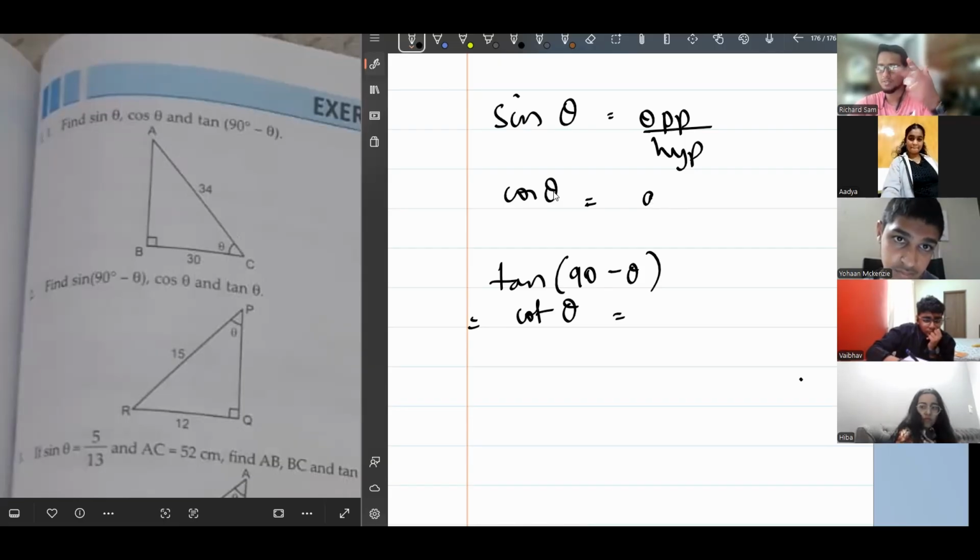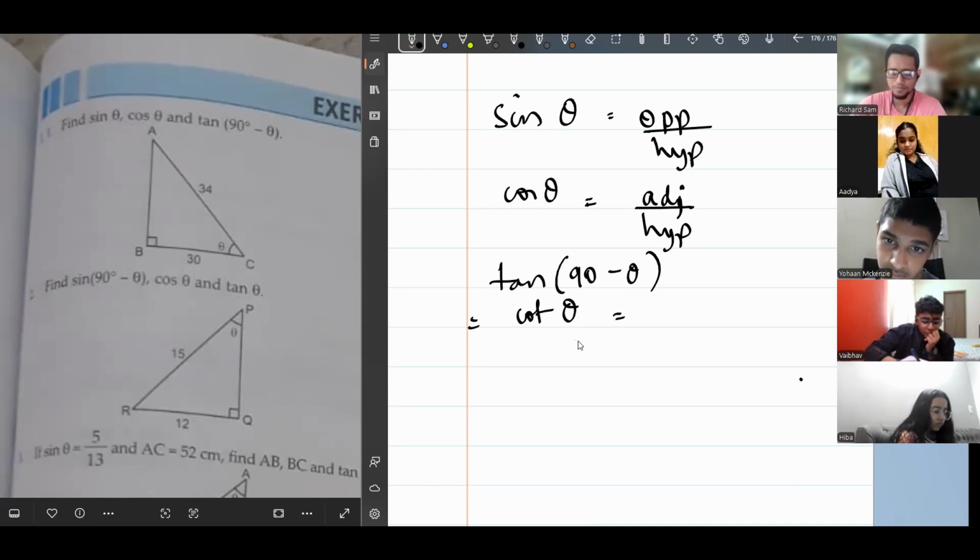Children are having, no? Some of the children are having. Right. Adjacent upon hypotenuse. And cot. What is cot theta, Johan? Sir, cot theta is adjacent upon opposite. Yes. It's the reciprocal of tan. So adjacent upon opposite.